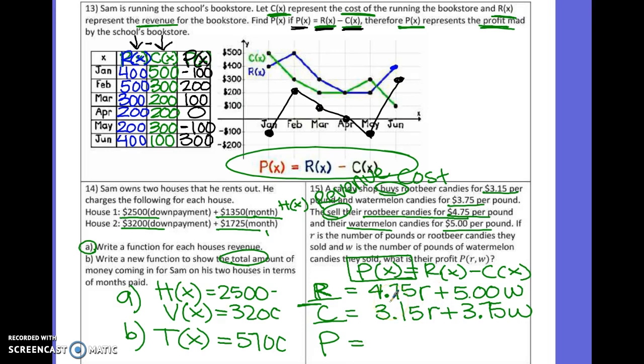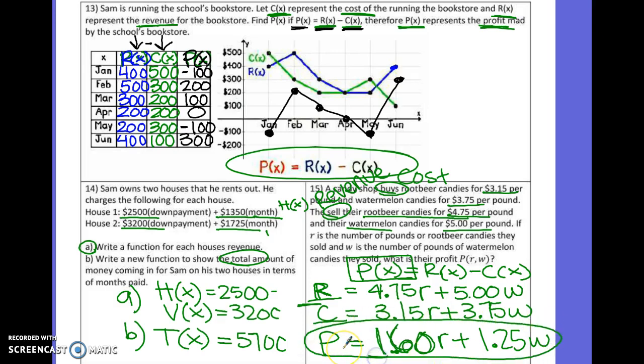So $4.75 minus $3.15 would be $1.60 for the root beer candies, and the profit they make on the watermelons is $1.25 per pound. So $1.60 per pound and $1.25 per pound would be the profit, or how much money they actually make after they buy the candies.